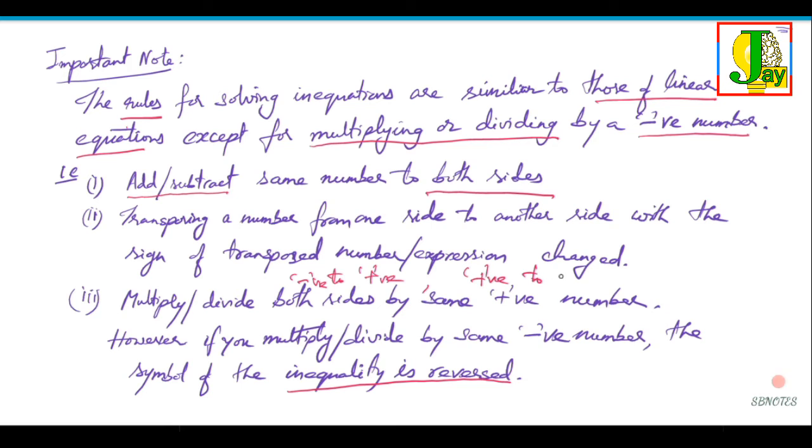That's it. Just remember, multiplying or dividing with a negative number only. A positive number is not a factor, but with negative numbers, reverse the inequality sign. That's what you need to remember.